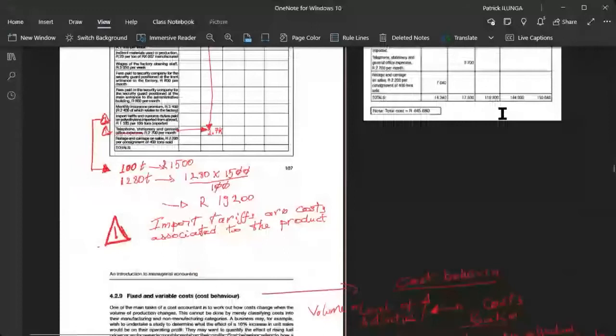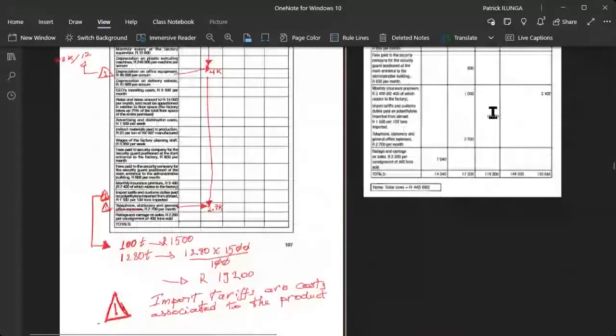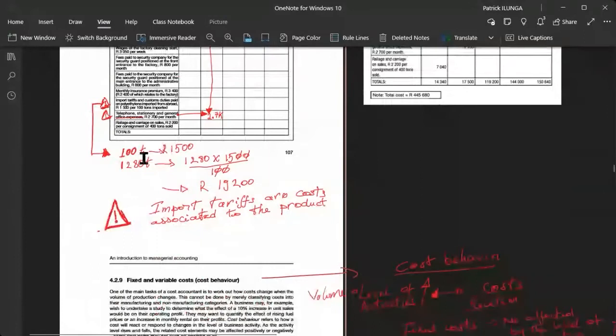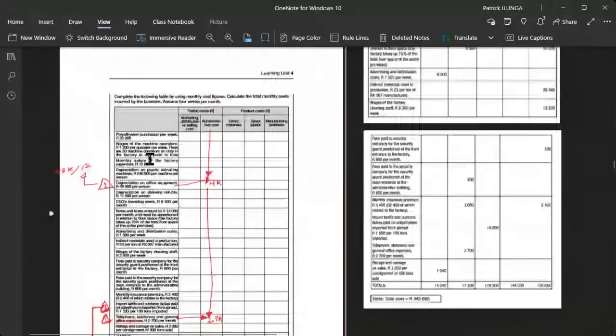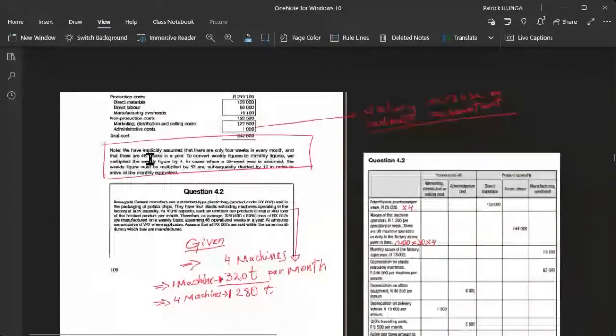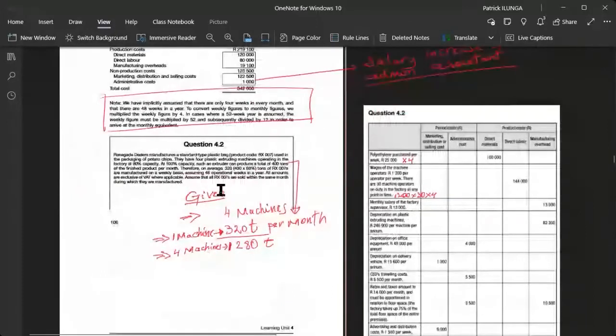And if you are struggling with something, this is, for example, something that I've just added. I've seen that some of you were struggling with the import tariff on question 4.2. Always remember, what are they giving me in the question? There are 4 machines. Each machine produces 320 tons. But that is 80% of the capacity.